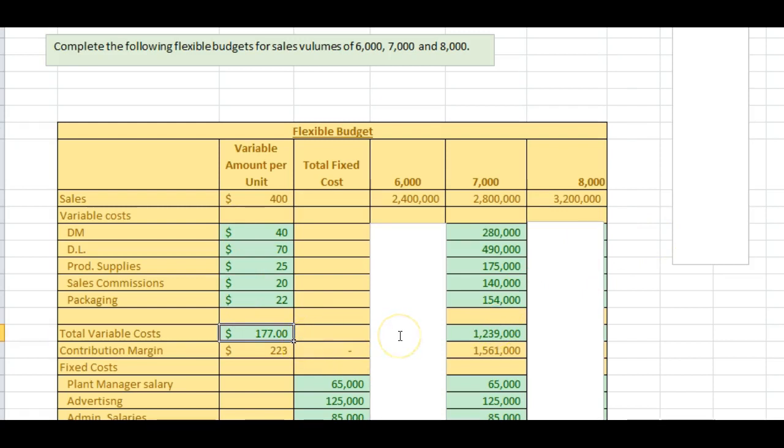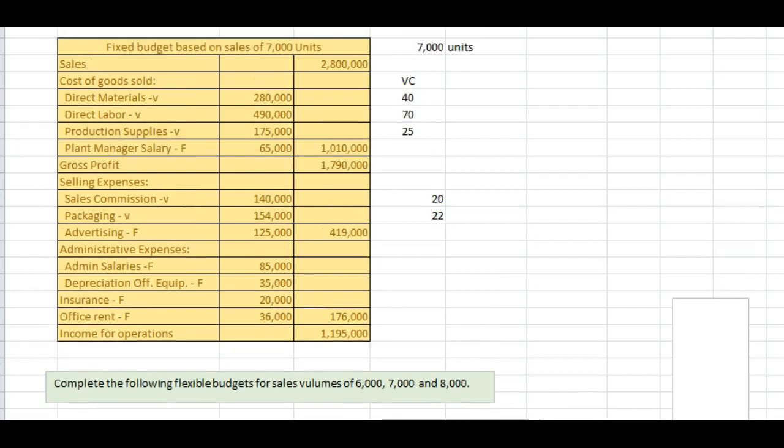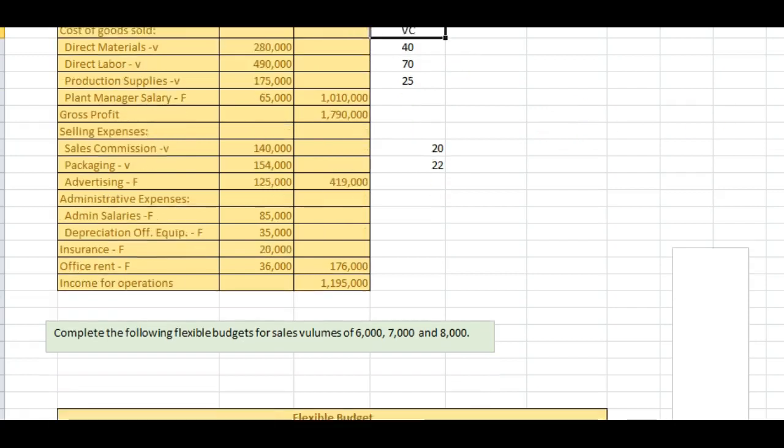And let's see what else we have in here. We had to calculate what our sales would be. So we have 6,000, and this, let's see, what is our sales per unit? If I take this and divide it by 7,000, I'm selling it for $400 a unit, right?